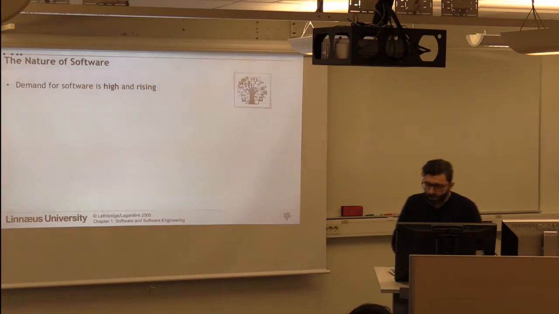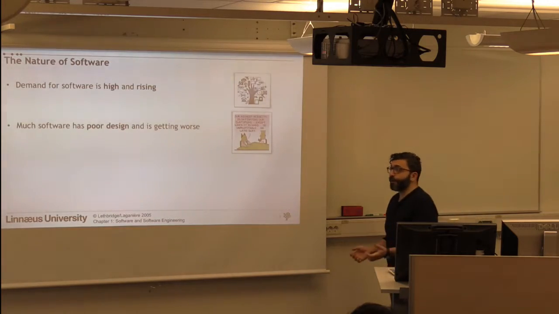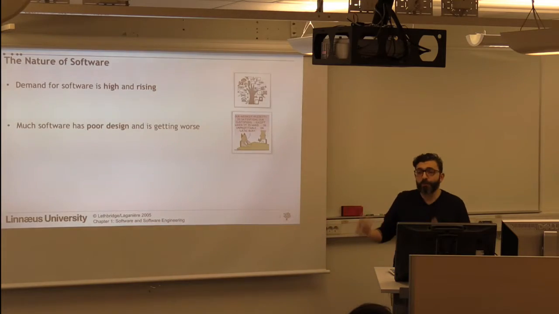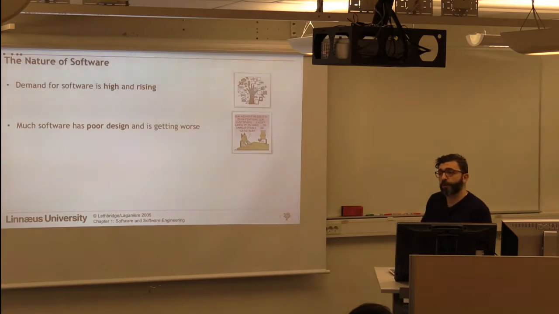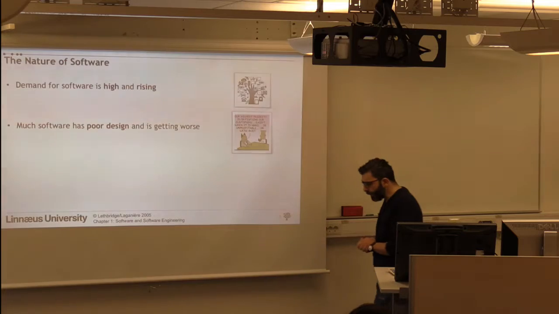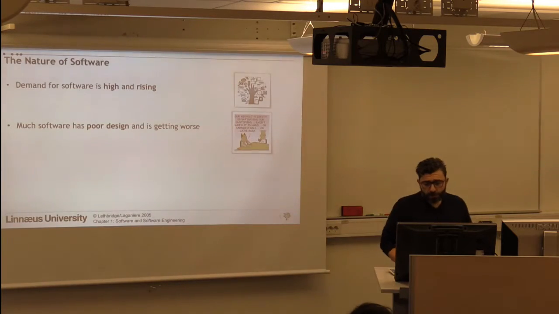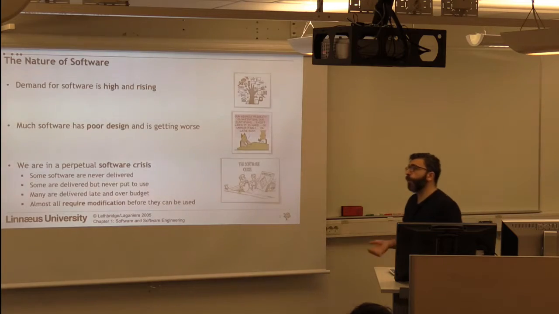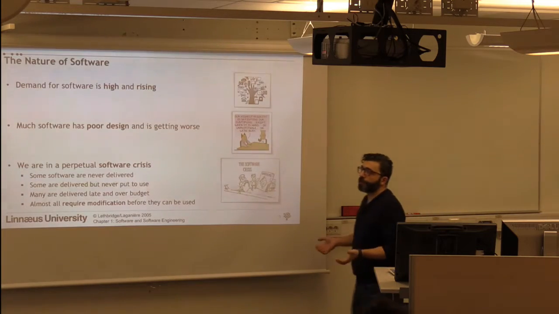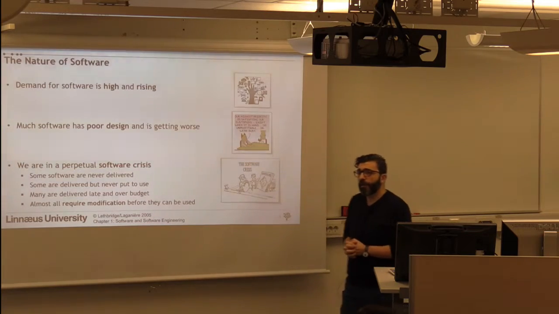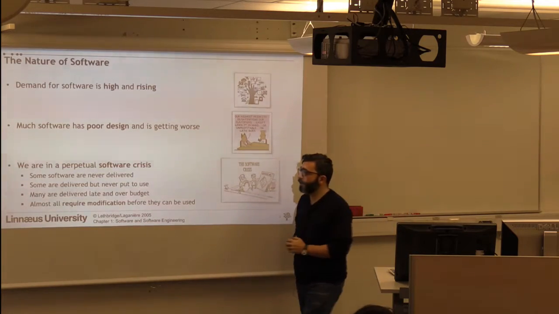And the problem is that much of this software has a poor design, and it is getting worse and worse because of the reasons that we have just explained. So the result is that we are always in a perpetual software crisis. Software that is never delivered, for many different reasons.